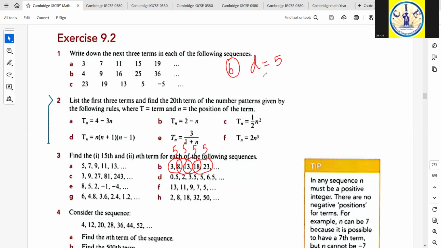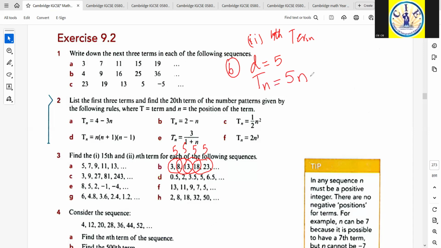So the nth term would be, I'm doing its second part first, to calculate the nth term. The nth term is going to be calculated as 5n.